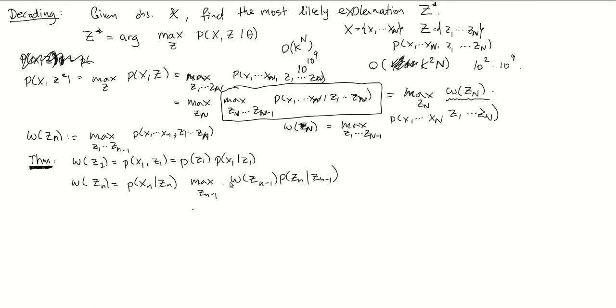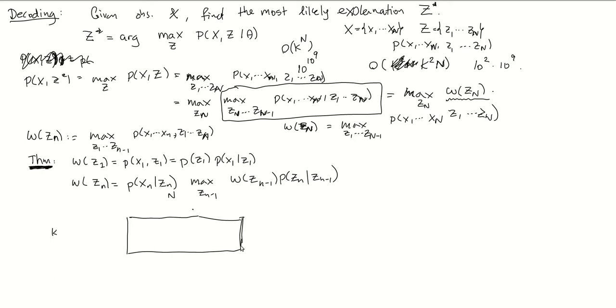Then how could I compute this table or this omega thing? So what we do is we have a table of size K times N.